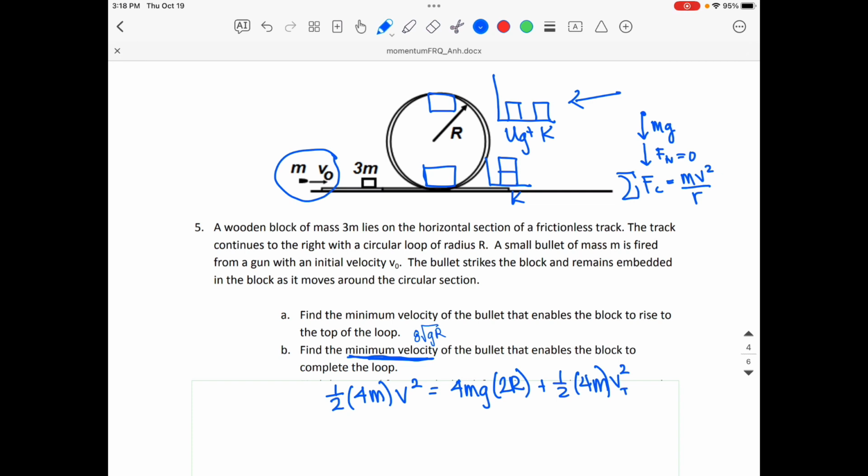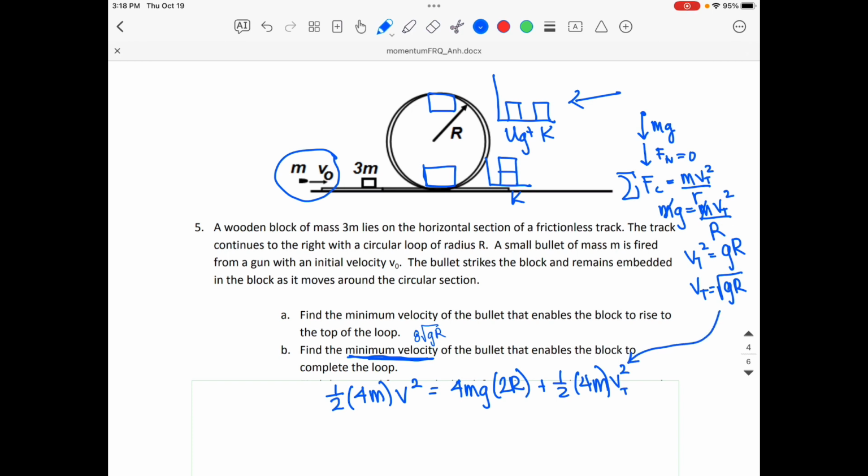And the only force acting on us is mg. So we can solve for this velocity at the top by solving Newton's second law equation. Vt squared is equal to gr, and I take the square root, and I get square root of gr as my velocity at the top.